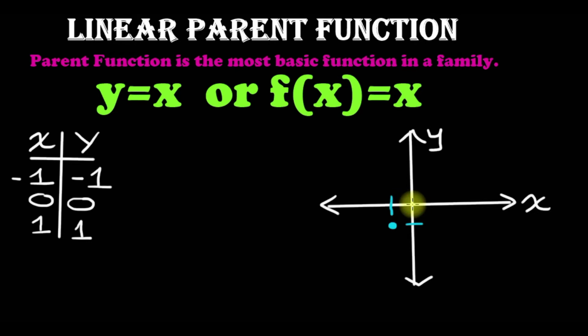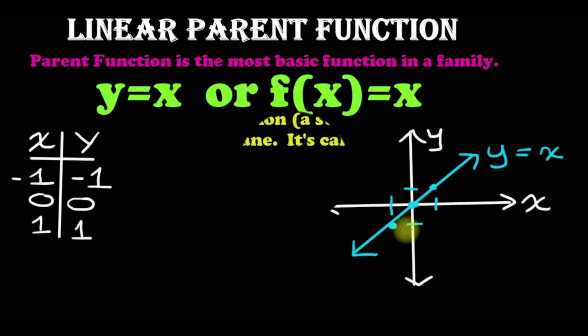We're not going anywhere, it's at the origin. And (1, 1) is when I go 1 right and then 1 up. So I have those three points that I can make into a straight line. Here is my graph for y equals x. This is the graph of the parent function for the linear function.